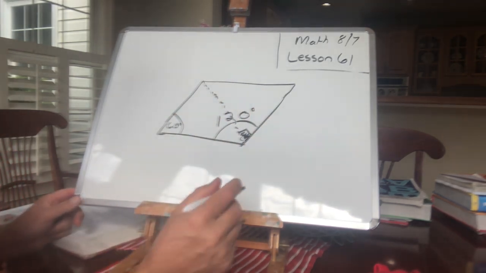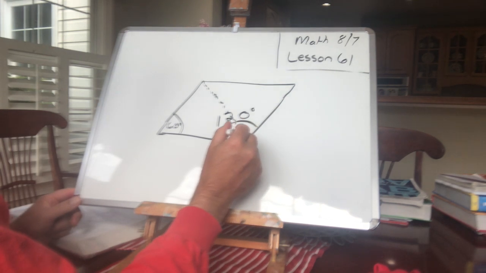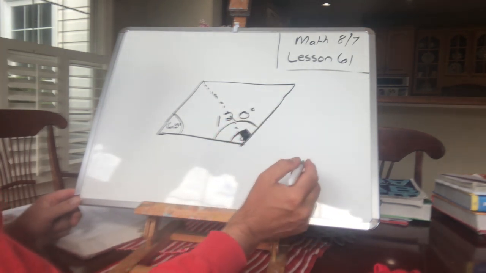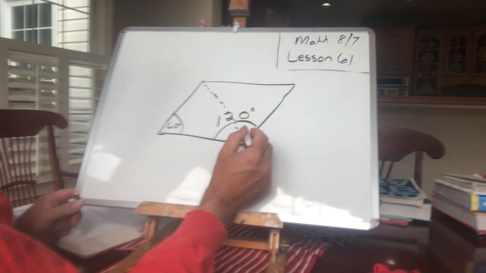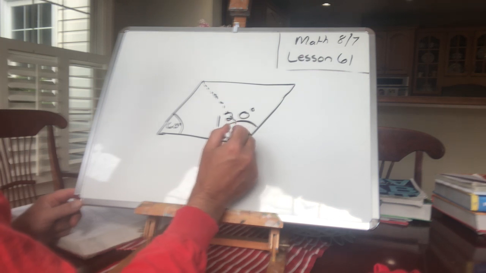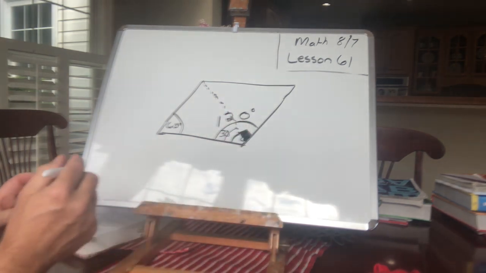Now this part of it right here, I know equals 90. I just don't know what that other part is equal to, but I do. If the whole thing equals 120, I subtract out that 90 degrees, that's going to leave me with 30. So this angle right here is going to equal 30.